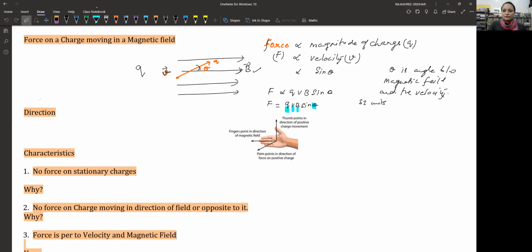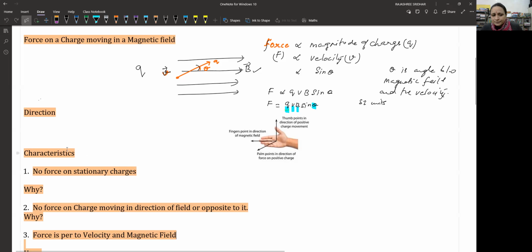The direction of the force is the direction in which my palm is pointing. जिस तरफ मेरी हथेली खुली होगी, उसी डायरेक्शन पे मेरा फोर्स भी एक्ट करेगा. Clear? Okay. So now you know the direction also.